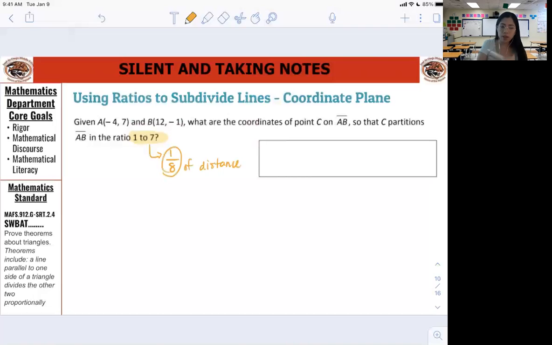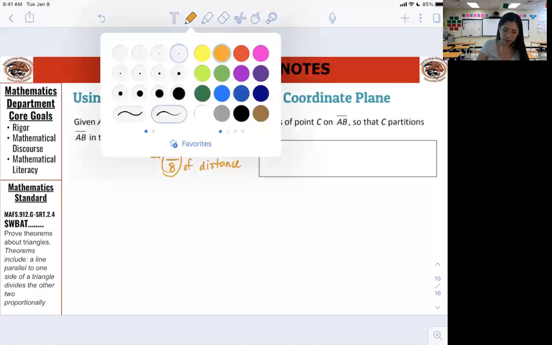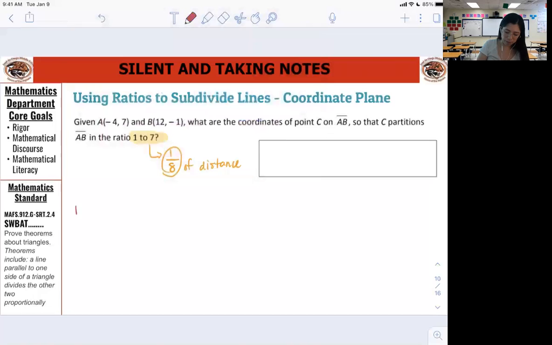Okay. So now let's go ahead and get the rise, get the run, and go from there. What's my rise? What do I subtract in order to get my rise?